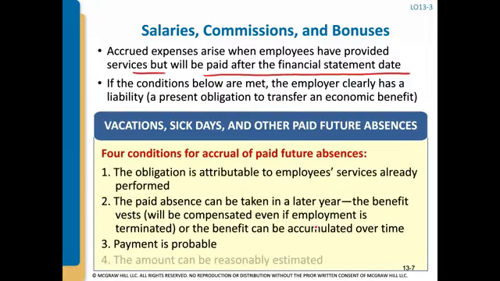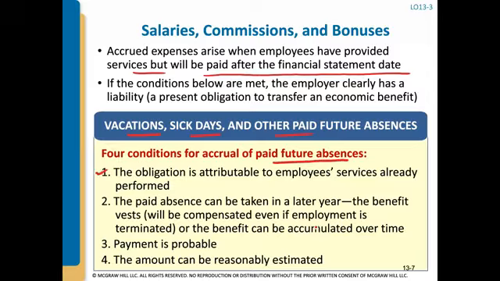If the following 4 conditions are met, then the company clearly has a liability and must record that accrued liability. So the 4 conditions to record an accrual of paid future absences, like vacation, sick days, and other types of future absences.